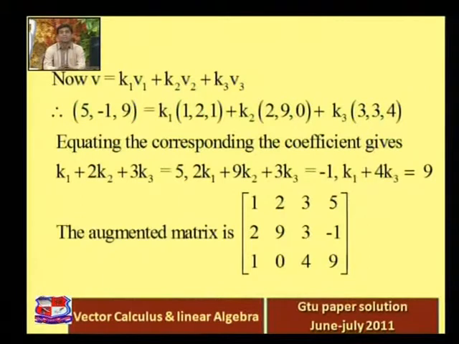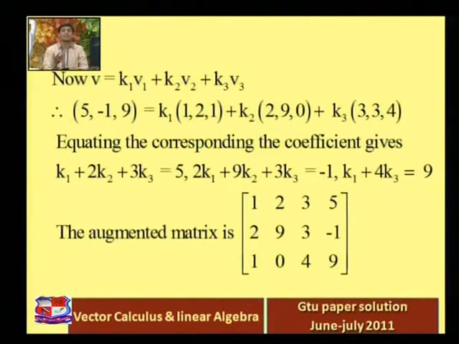Now to solve these three equations, we have to convert this augmented matrix into row echelon form, and we know what the row echelon form is. The first non-zero element in the first row is our leading entry. Below that leading entry, all the elements should be 0. The same condition holds for the second row: the first non-zero element is our leading entry, and below that leading entry should be 0.